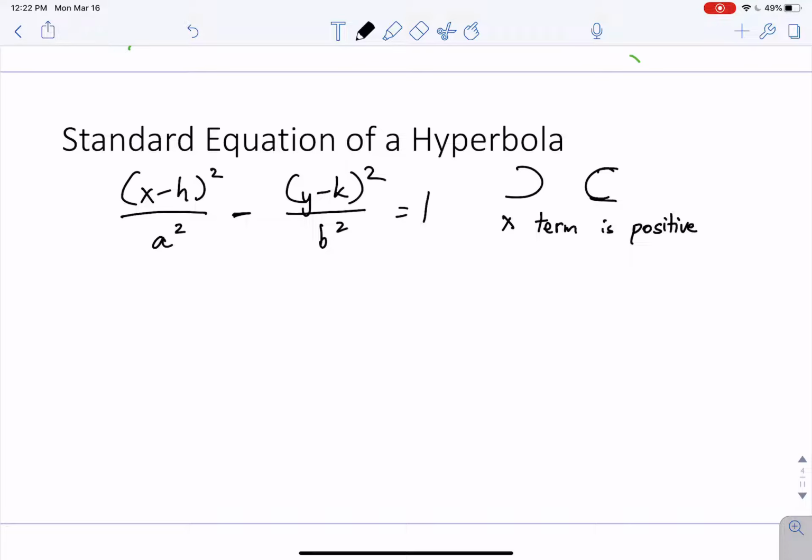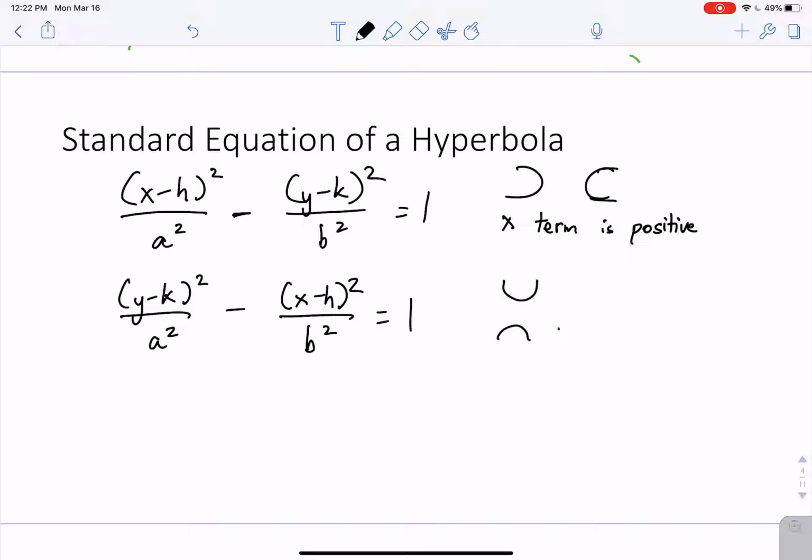So when the x term is positive, it opens up in the x direction horizontally. If I make the y term positive, keep everything else the same, then it's going to open up in the y direction vertically, because the y term is positive.